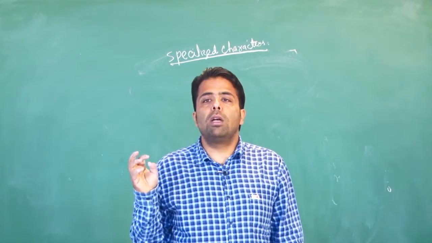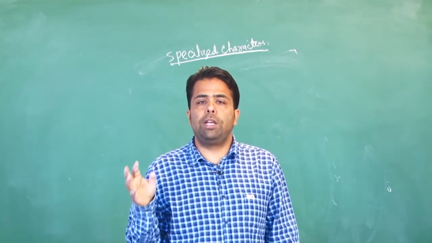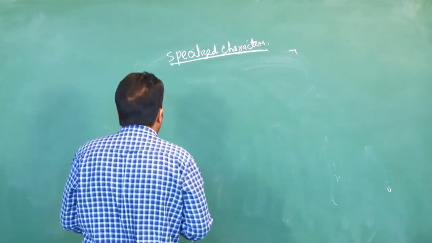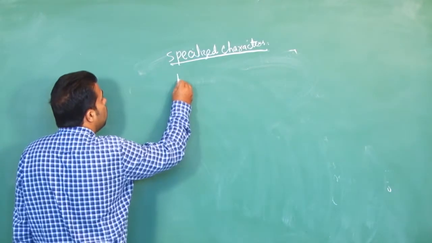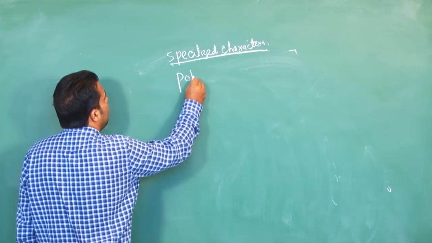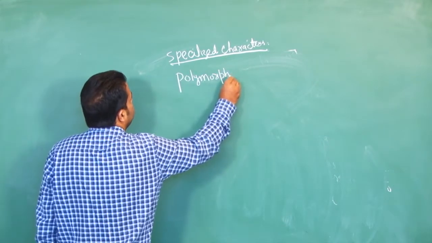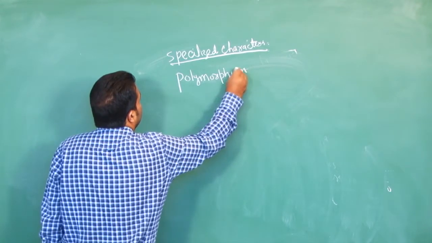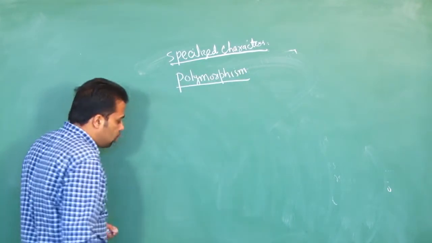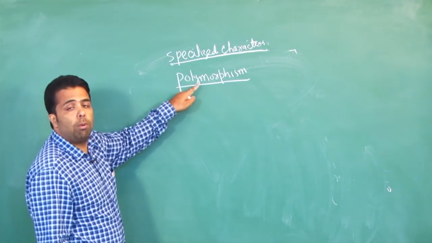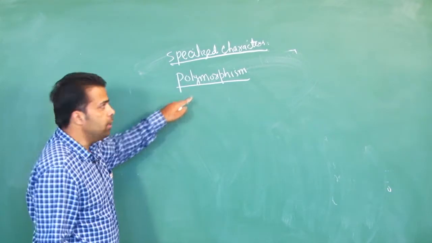Now we will discuss the most important feature of Coelenterata, that's polymorphism. The most important feature of Coelenterata or cnidarians is polymorphism. What is polymorphism?